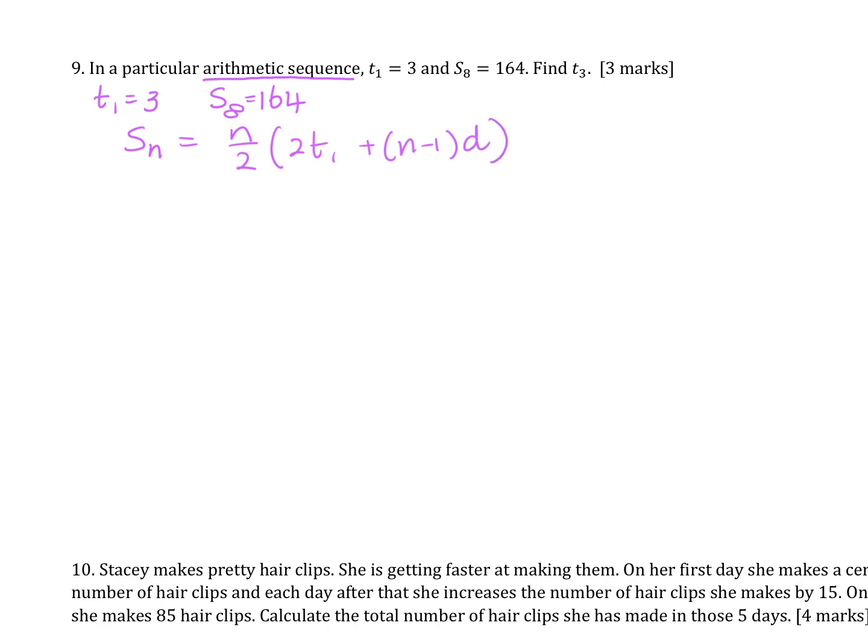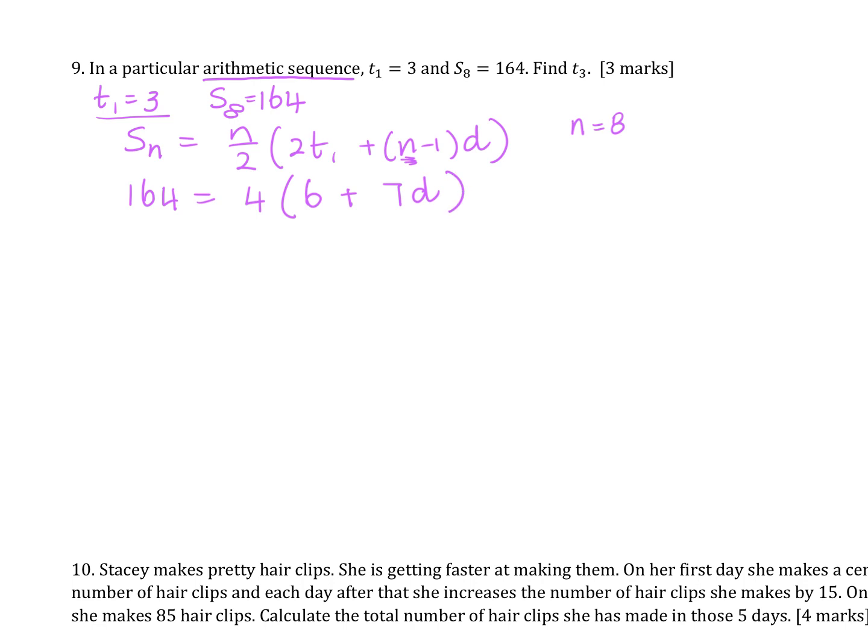So the sum of the first n terms, so let's go n equals 8, 164, 8 over 2 is 4, 2 lots of term 1, here's term 1, 2 lots of that is 6, plus n we know is 8, so n minus 1 is 7, lots of the difference.